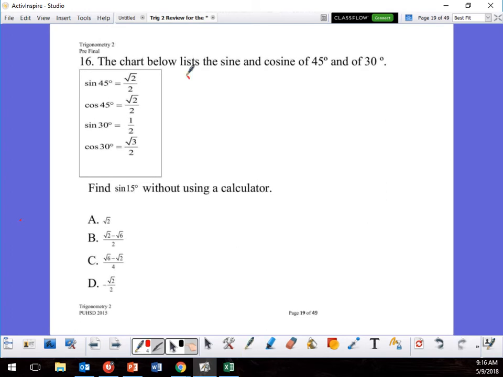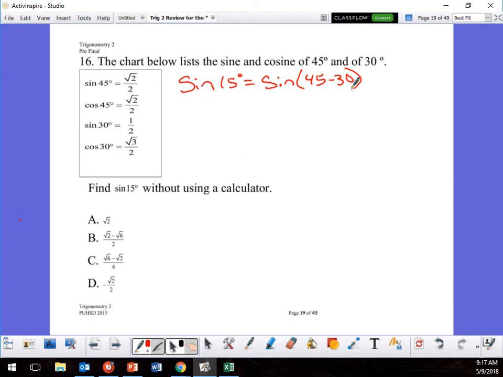Sine 15. So sine 15 degrees is equal to sine of 45 minus 30. Now, we've got to go to the reference sheet from here.